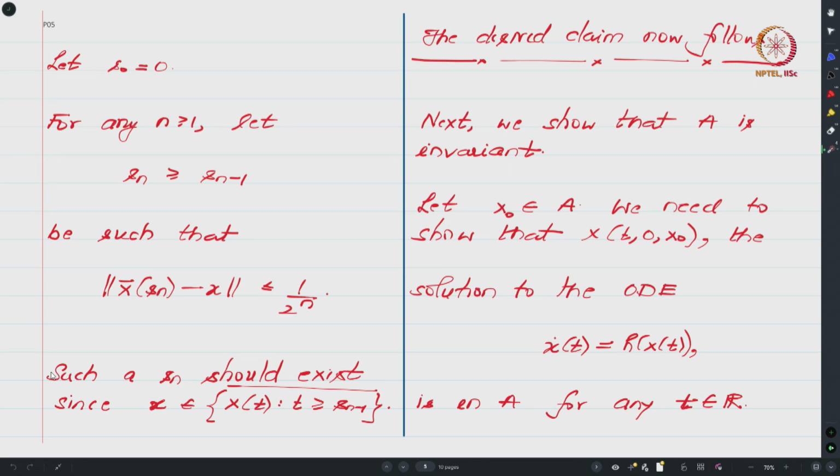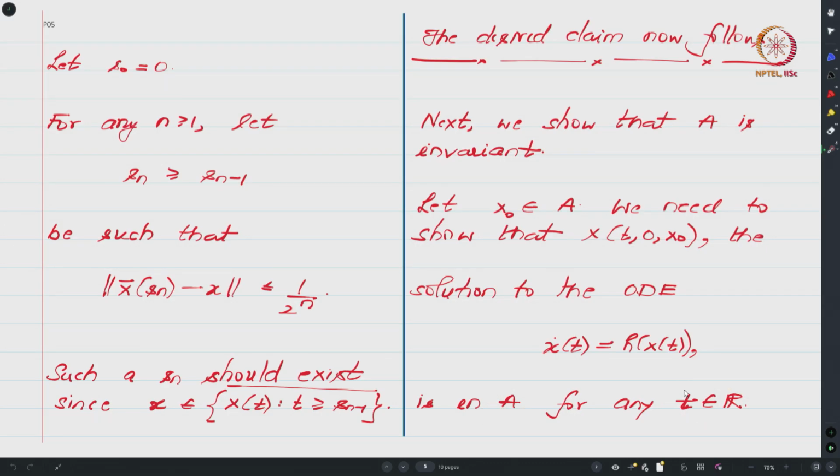Now we are going to use this claim to show that A is an invariant set. Towards that we will consider an arbitrary point in A, and our goal is to show that if I start a solution trajectory of the limiting ODE from this initial point, then that solution trajectory will lie within A for any t in R. That is what invariant means.